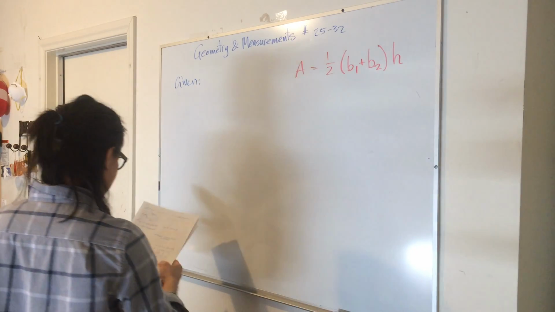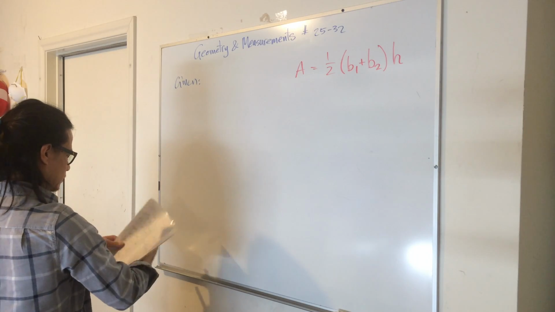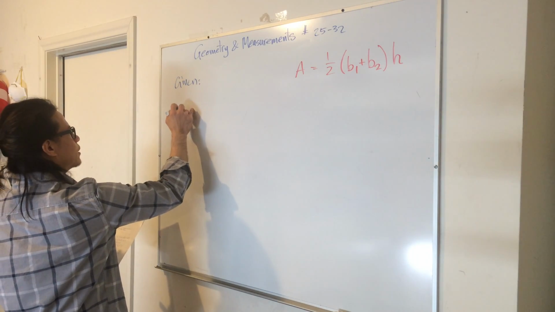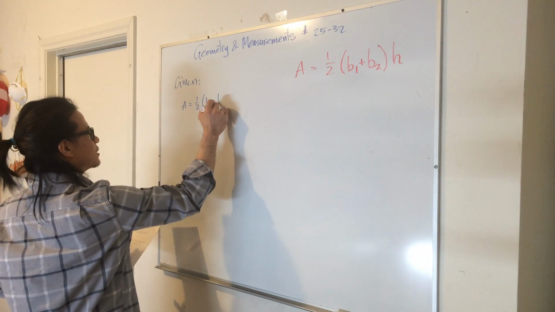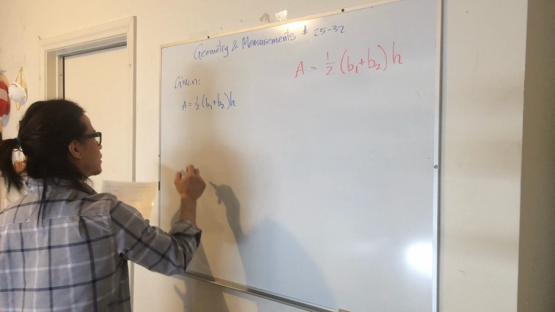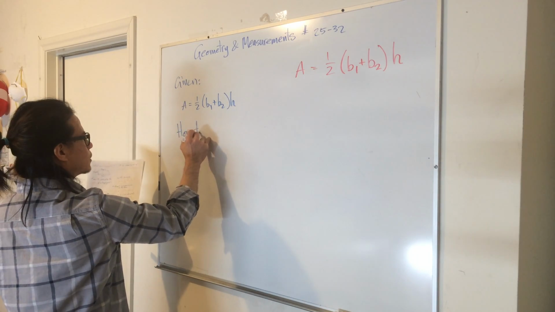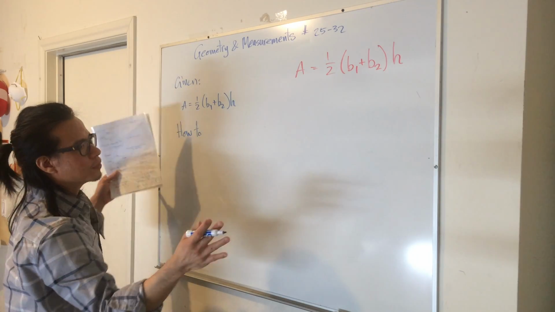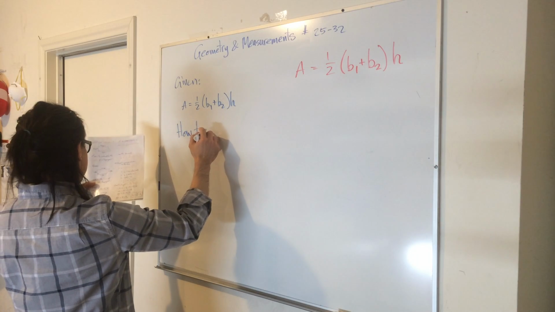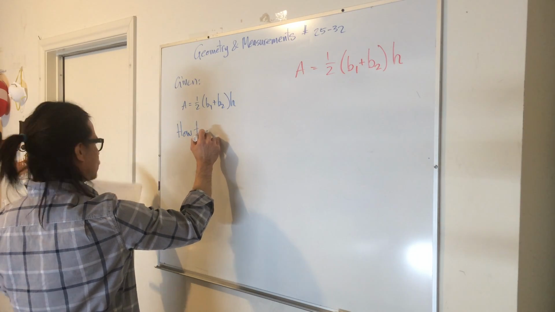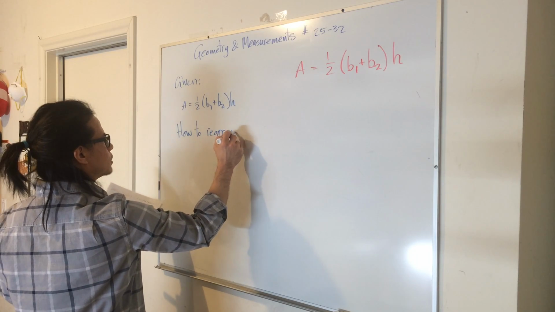Meaning, let's say you're given that formula here, the area equals half base 1 plus base 2 times height. How would you rearrange this? Let's say if you wanted to know what base 2 is, for example. Okay, so how to rearrange the formula?